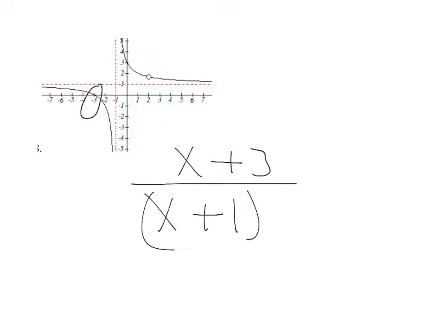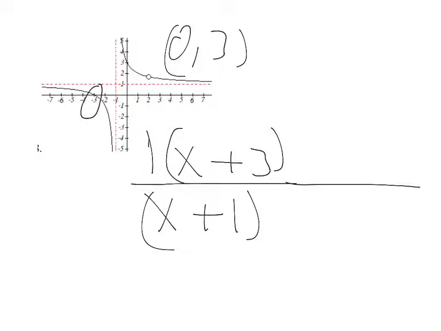So x minus 3. And let's see, it has a y-intercept of 0, 3. So let's see if I get that if I substitute in 0. If I substitute in 0, do I get 3? And sure enough, I do. That becomes 3 over 1. So I don't have any kind of stretch factor. If you want, you could put a 1 here.